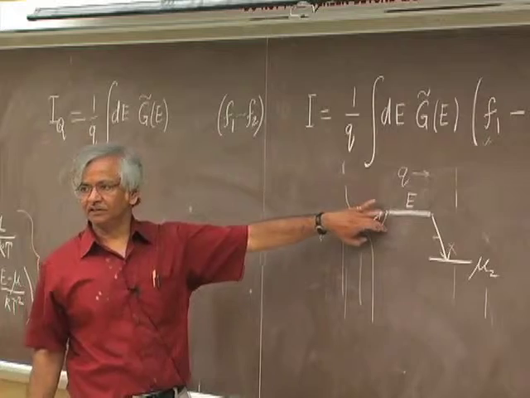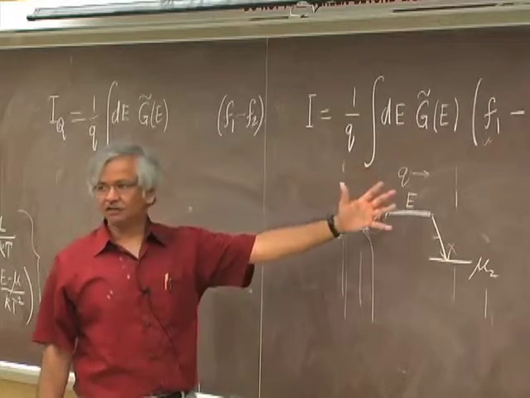So the heat current is like E minus mu, and the charge is like Q.